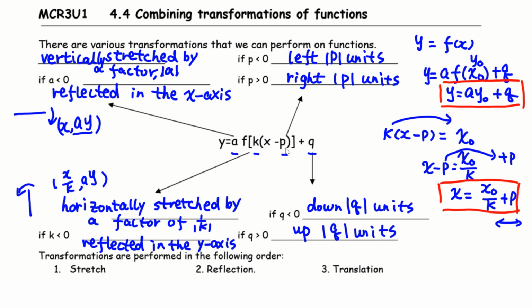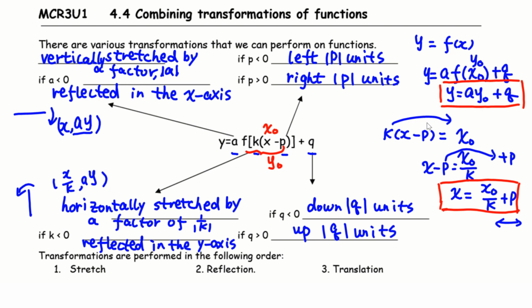It's just the whole thing equals x0, and this is y0, then you solve for x and y. You will have y equals a y0 plus q, and for x0, solve for kx, you have x0 divided by k plus p. So these are the x, y coordinates for the new graph.